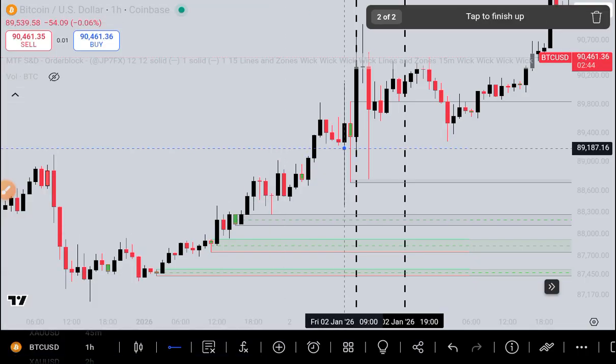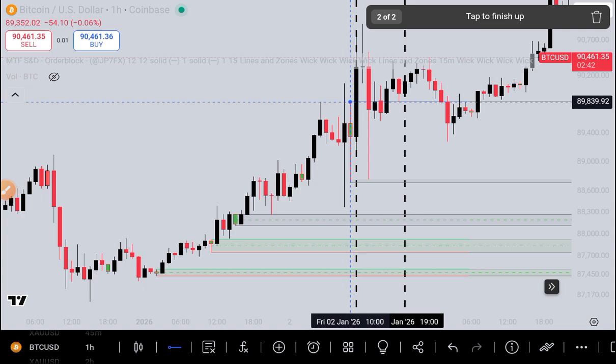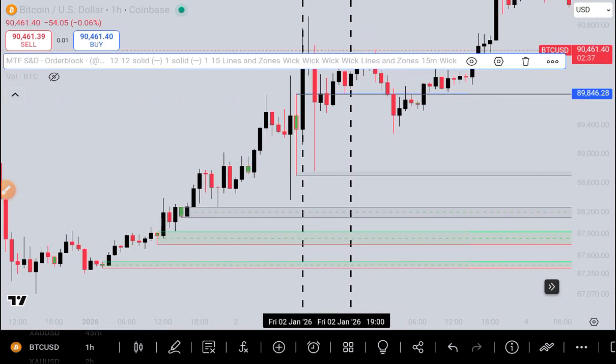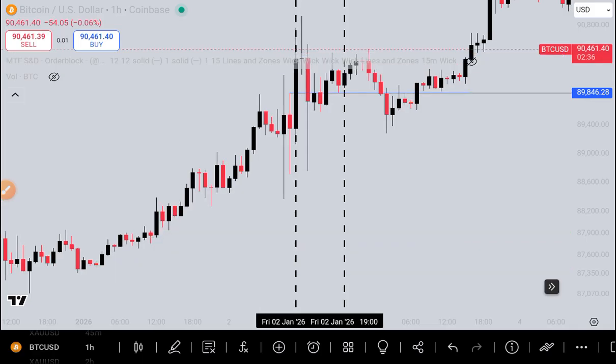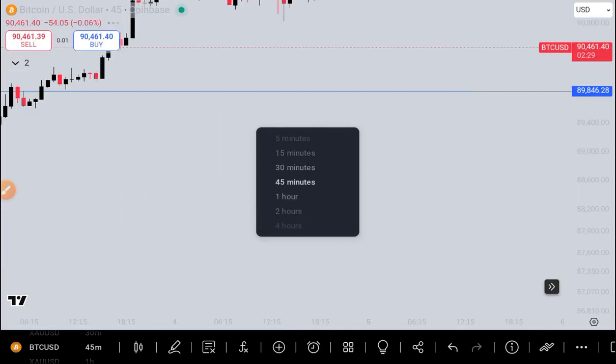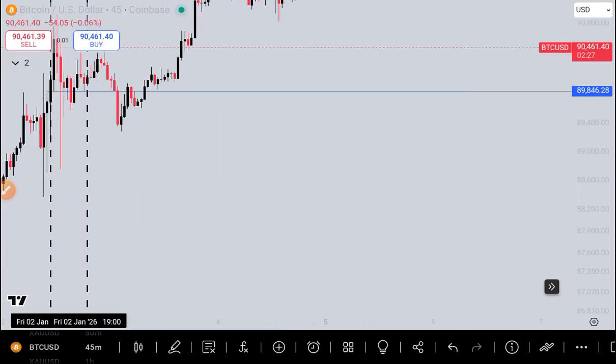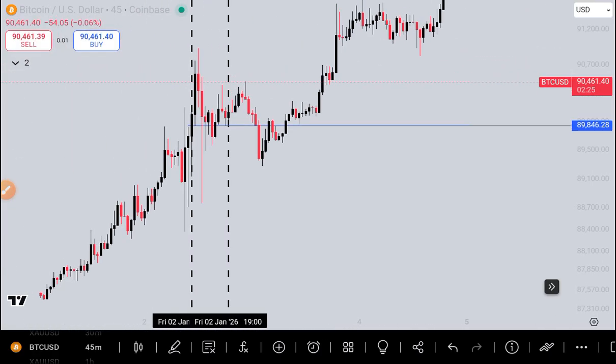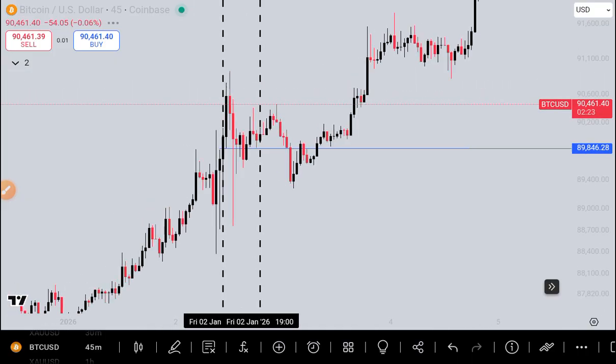Mark the zone. Now, once the zone is marked, you can then go down to 30 minutes, 45 minutes, any time frame that feels good to you. You can go down and look for a CRT model. Remember, the first one is trading bias.